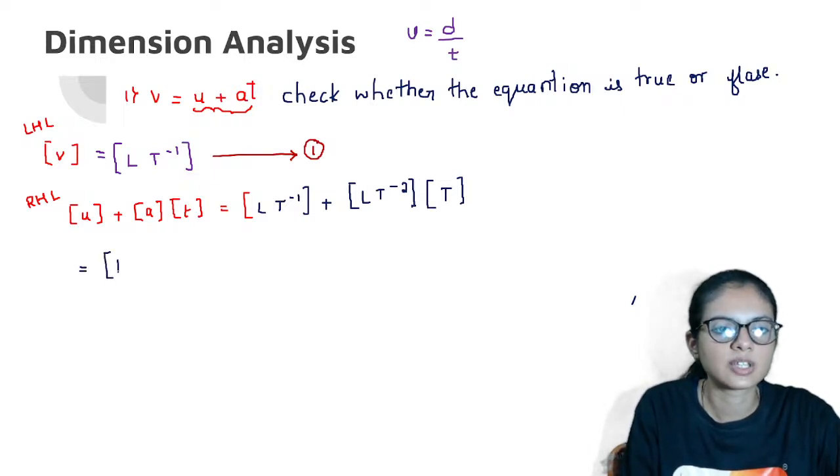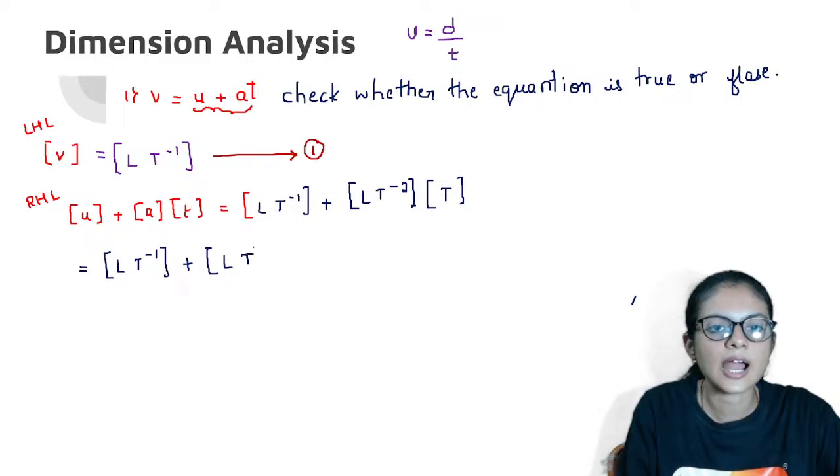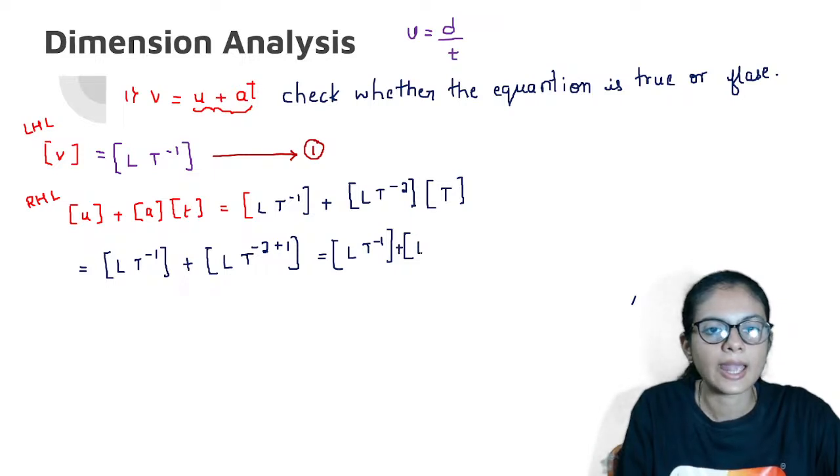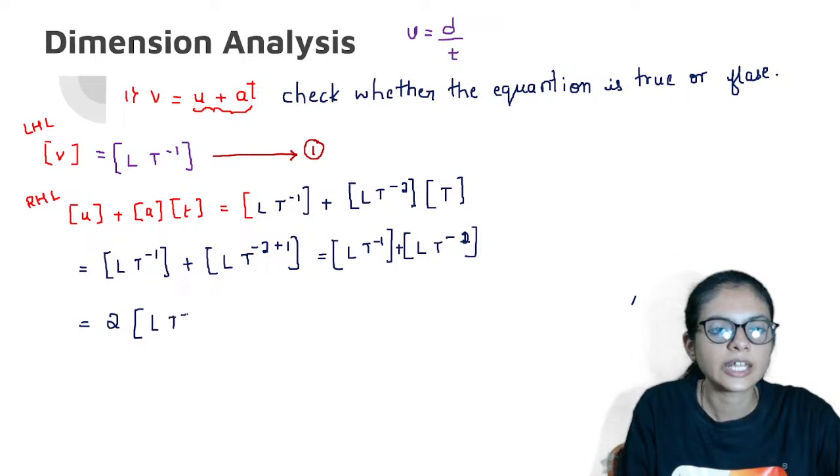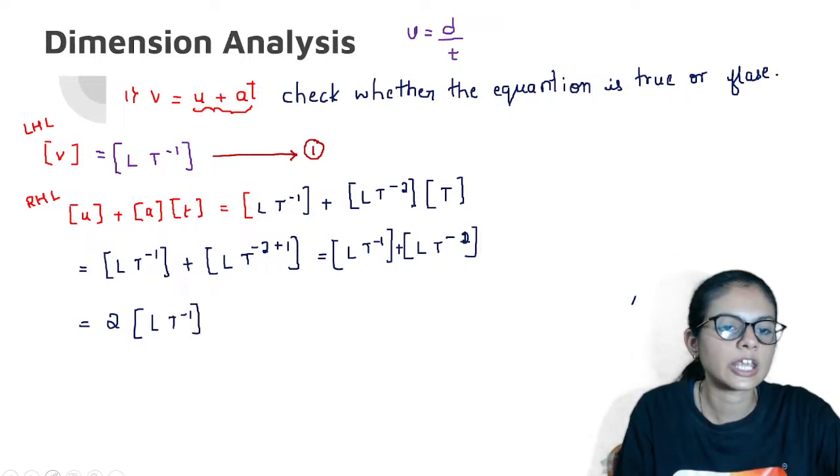Let me first keep this as it is. If I multiply these two terms, L is there. Same base, add the indices, minus 2 plus 1, right? So again I am keeping this same: L T^-1 plus L T^-1. Is it clear? So the final answer is 2 times L T^-1. So this is equation 2.